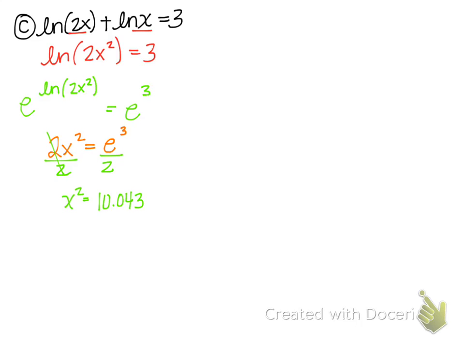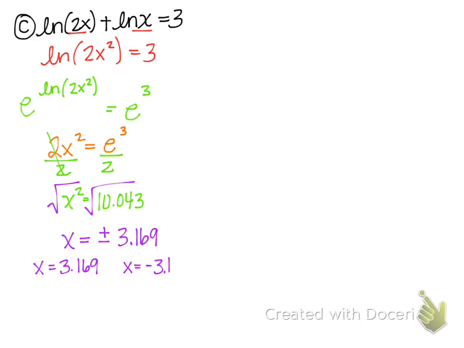But there's one more thing we got to do. We got to take the square root of both sides. And remember how we have to take care of our square roots. Whenever you take the square root, whatever comes out, you've got plus or minus of it. So we get plus or minus 3.169. So that means we have x is equal to positive 3.169 and x is equal to negative 3.169.